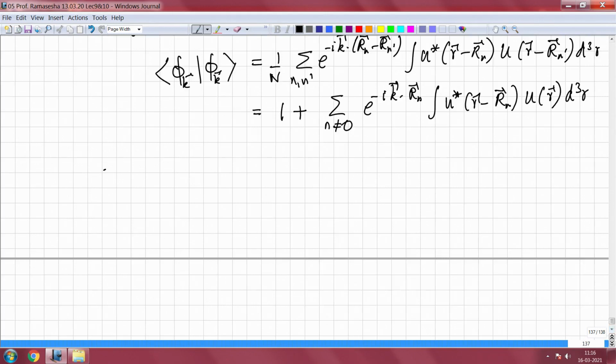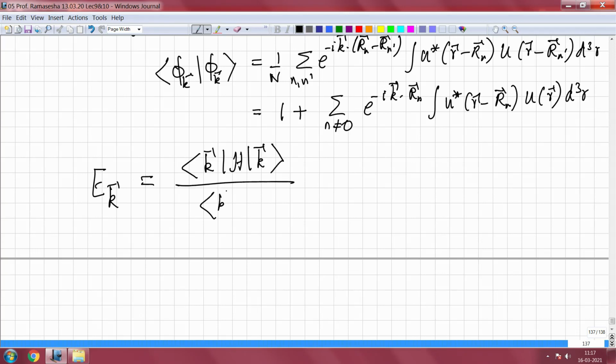The energy E of k is given by phi k h phi k divided by phi k phi k, and we basically will have the following expression for E of k.